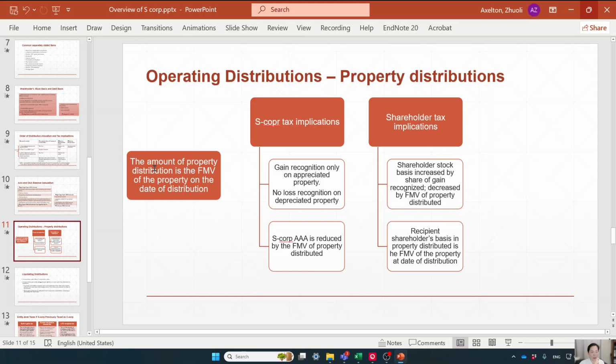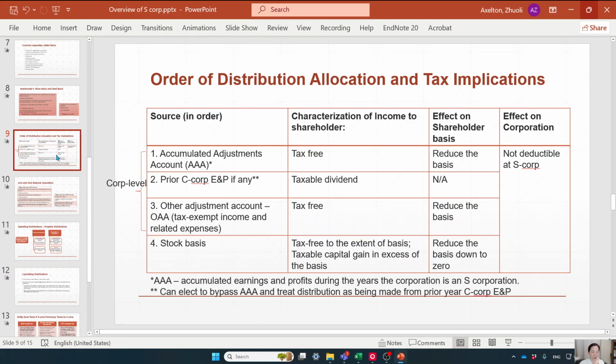Similarly to the distributions we have talked about in other chapters, there are really two layers. One is the liquidating distribution, the other is the operating distribution. When we start with this table, we're really starting with the default, the cash distribution.